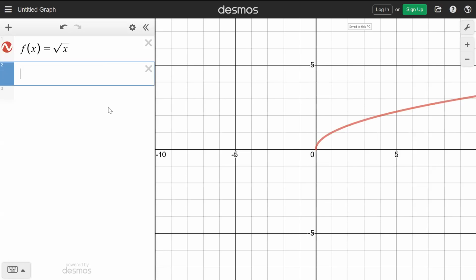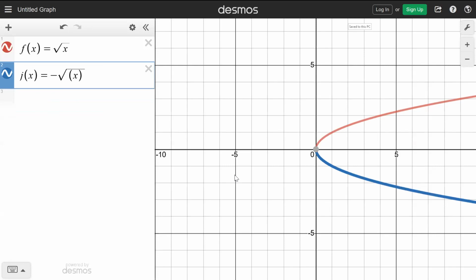And let's look at what happens if we do a negative sign on the outside of that function. So I'm going to do negative now, square root of x. And what do you notice? To go from the red to the blue there, well, it looks like the function kind of flipped from concave down to concave up, but it flipped across what?